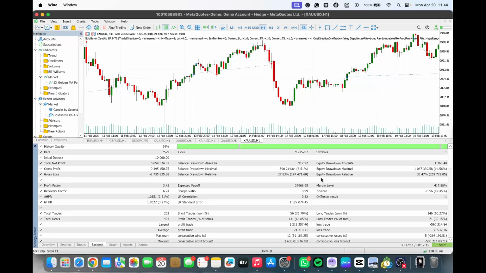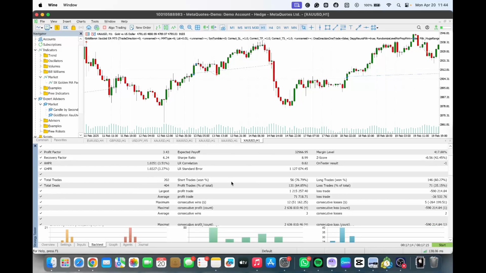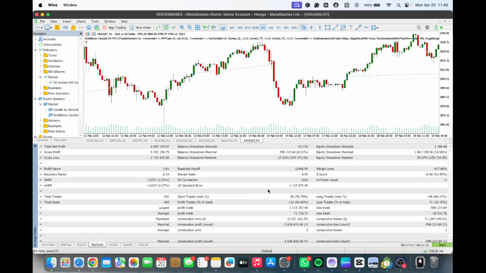Their win rate sits at about 57%, lower than the backtest. And honestly, this is classic for these gold trend systems. The backtest looks insane, especially during bull runs, but live trading brings slippage, spreads, and real volatility that can make drawdowns feel much worse.